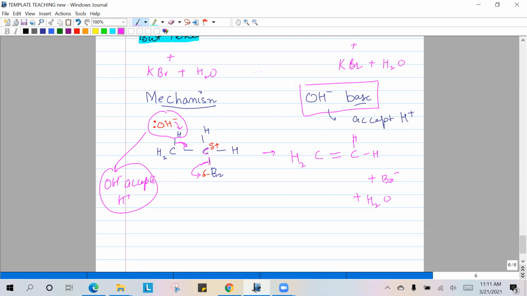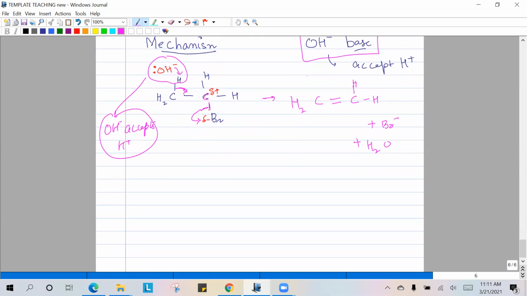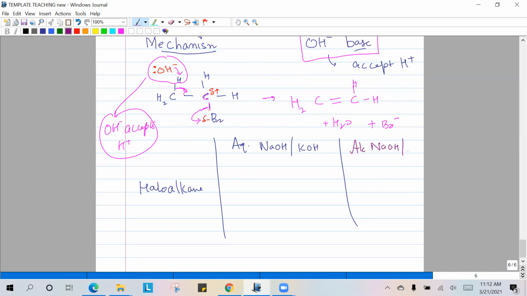Now, if you want to compare these two, like if you have a reaction of haloalkane with aqueous NaOH or KOH, plus water over here, or you say alcoholic NaOH or KOH.